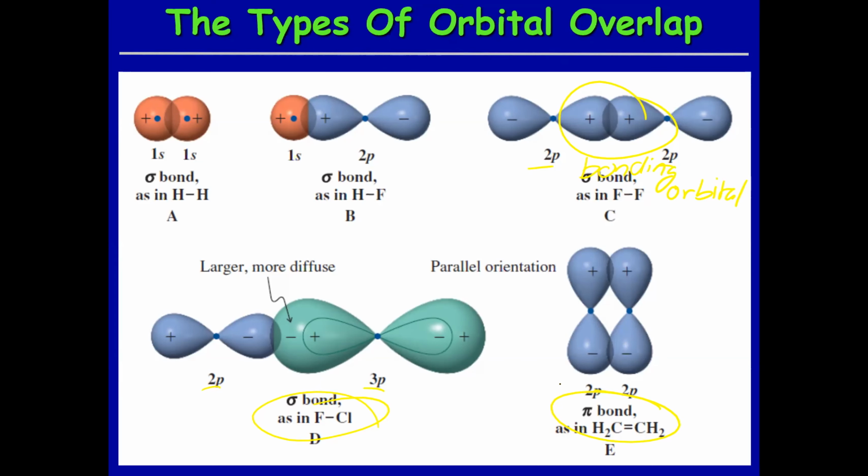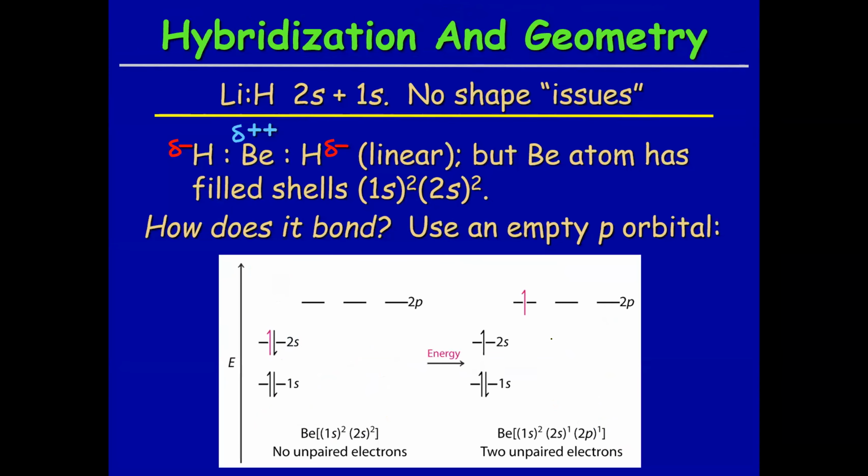The pi bond is going to be over and above the nuclei. You have two sides of overlap, whereas a sigma bond, you only have one side of overlap. Now, hybridization.